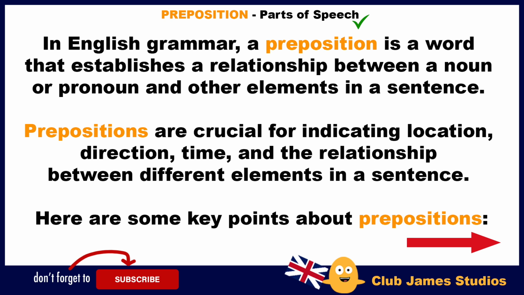In English grammar, a preposition is a word that establishes a relationship between a noun or pronoun and other elements in a sentence. Prepositions are crucial for indicating location, direction, time, and the relationship between different elements in a sentence. Here are some key points about prepositions.